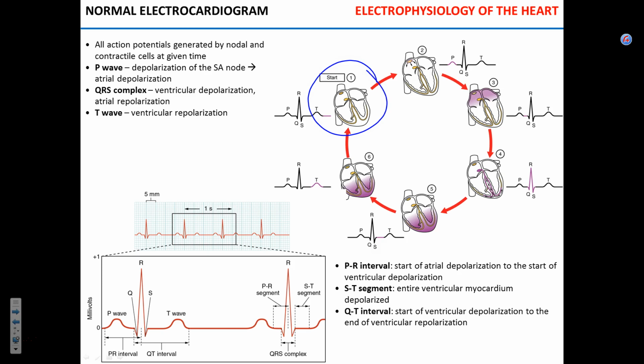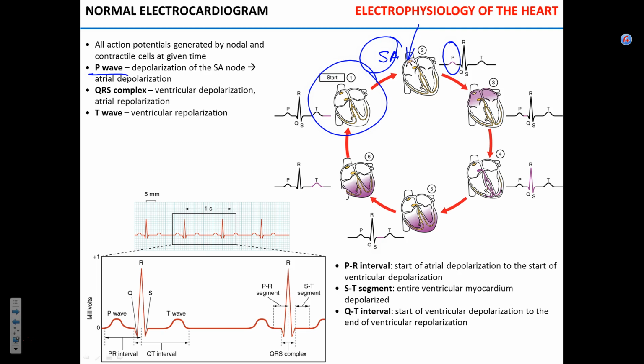Okay? Good? Now here you can see that SA node sends the signal throughout the atrial muscle. Does that make sense? We're good? So SA node is depolarized. Atrial muscle is depolarized. On EKG, it is reflected as the P wave.